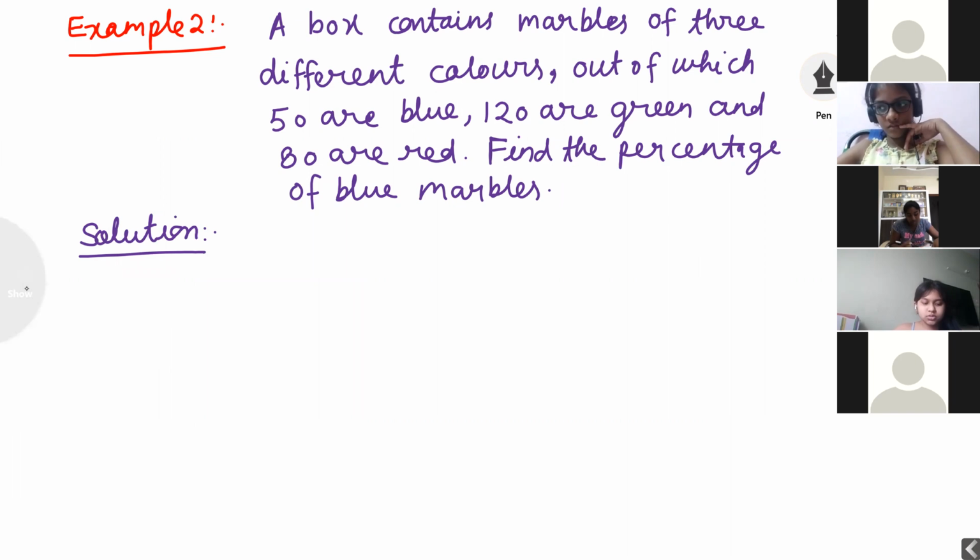First, read the question very carefully, everyone. A box contains marbles of three different colors. One box is there, and inside the box there are three different color marbles: blue, green and red. 50 are blue, 120 are green and 80 are red. Firstly, I want to find out the total number of marbles.